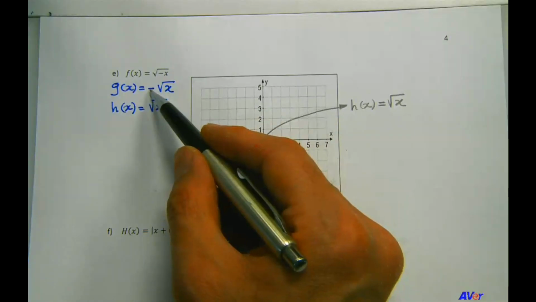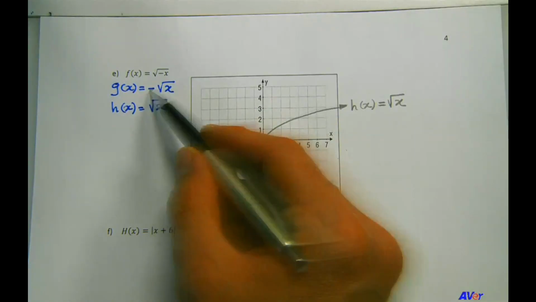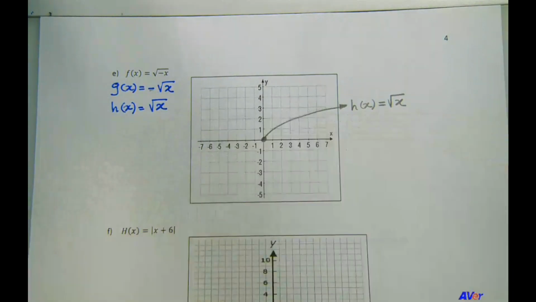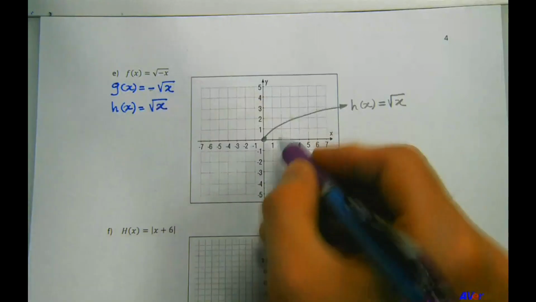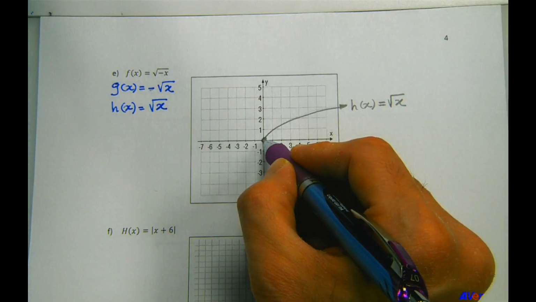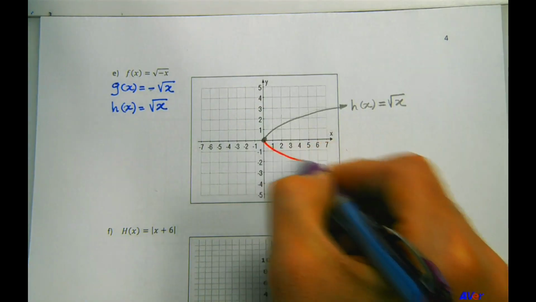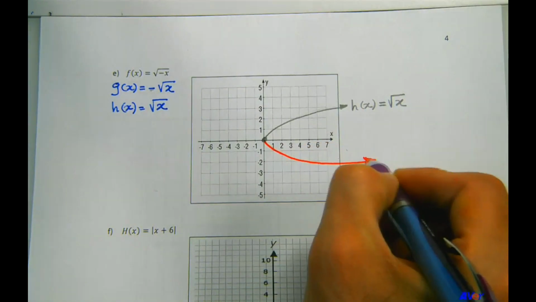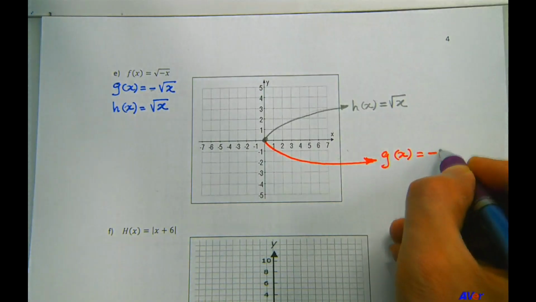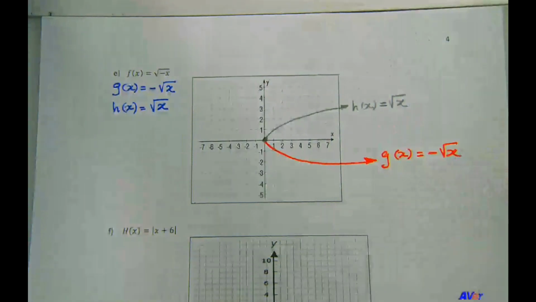So the minus in front will flip the graph across the x-axis. So that means for g of x, we have this form. So this is g of x equals minus square root of x.